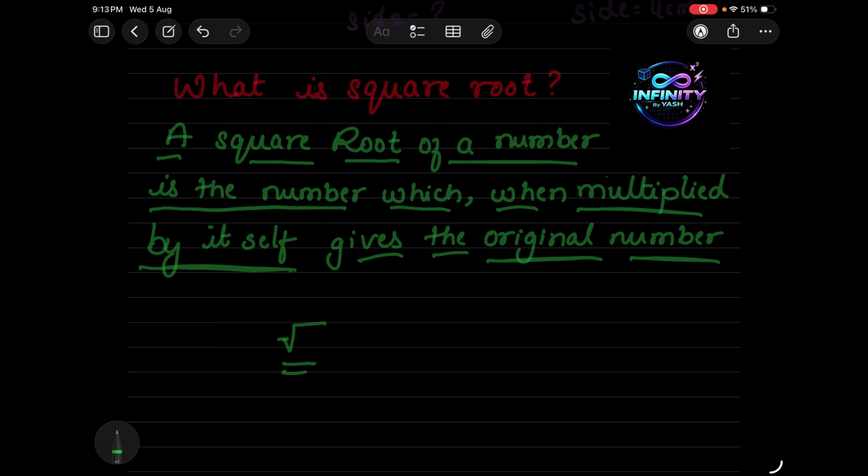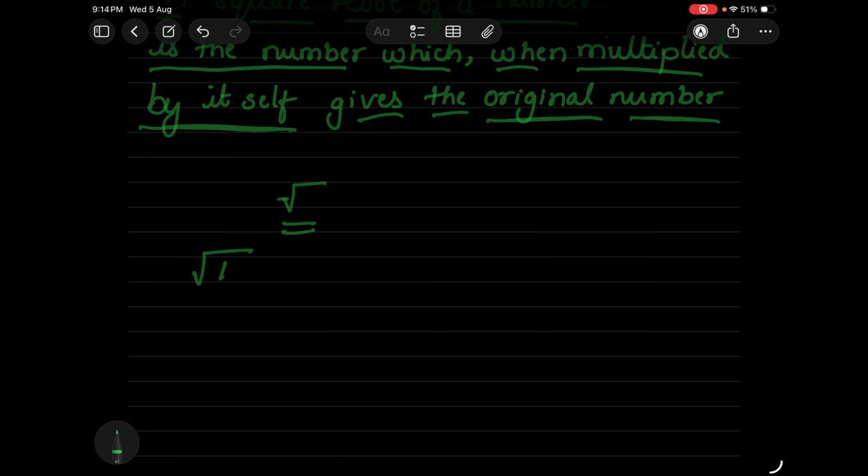And this is the symbol used for square root. We'll take some examples. What is the square root of 1? Which number multiplied by itself gives 1? Exactly, 1 times 1 is equal to 1. So the square root of 1 is 1.